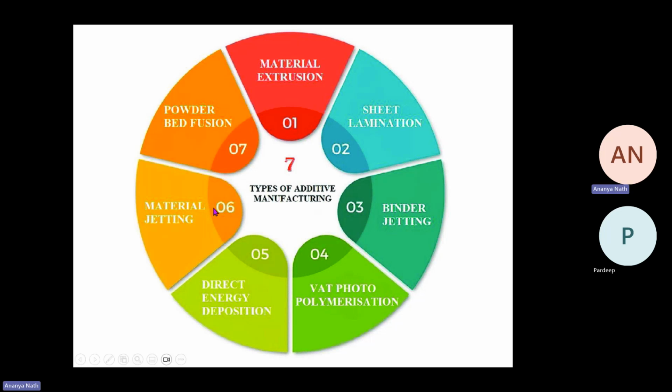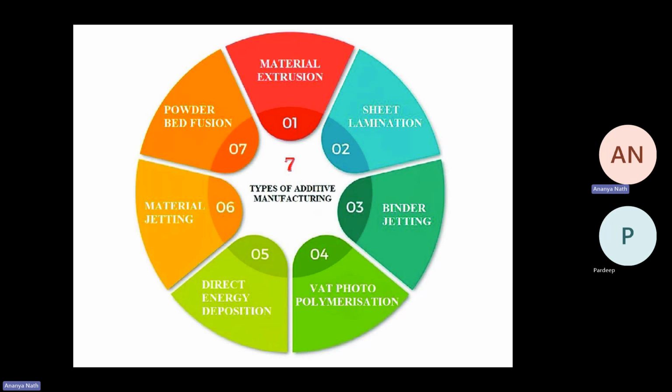Binder jetting, some portion of directed energy deposition, and powder bed fusion use powder as a raw material. Sheet lamination uses the raw material in sheet form. Vat photopolymerization and material jetting use liquid raw material.